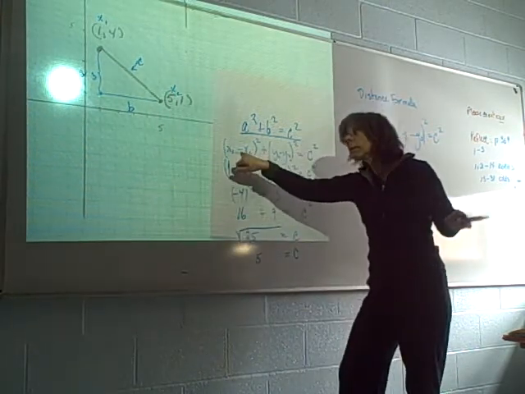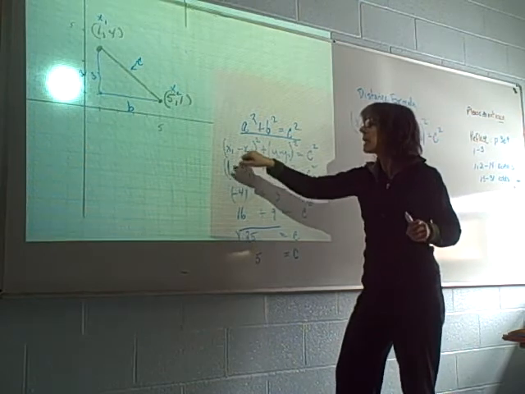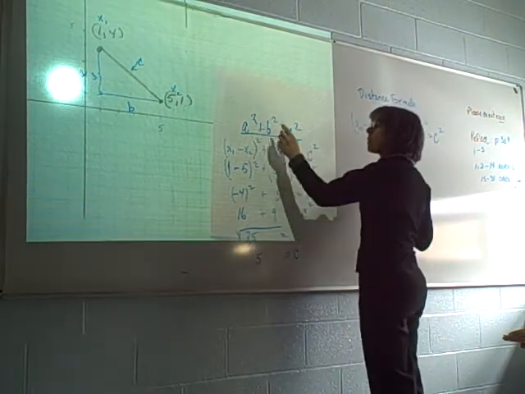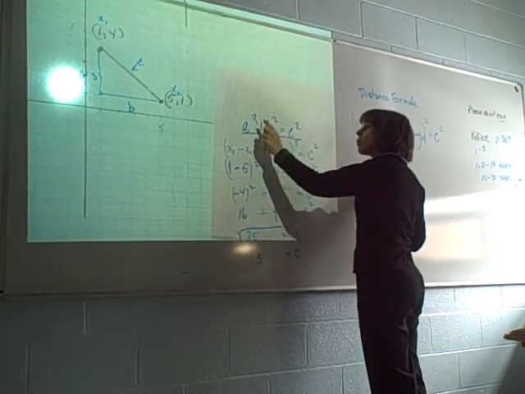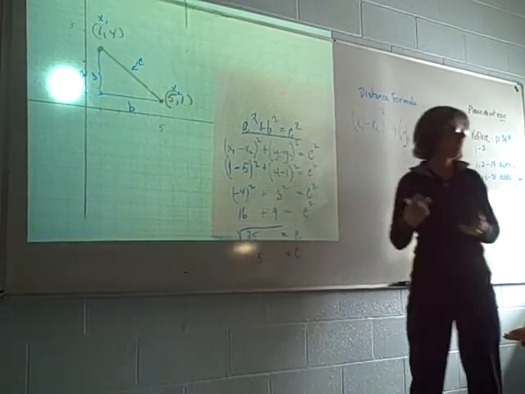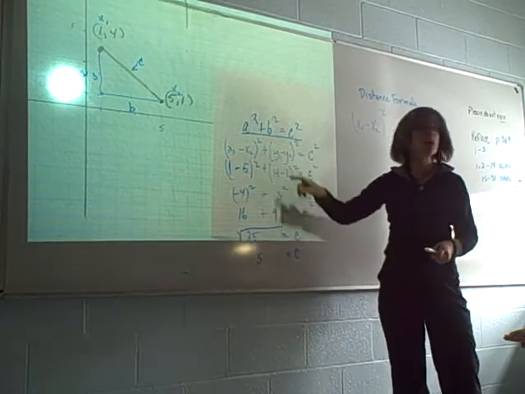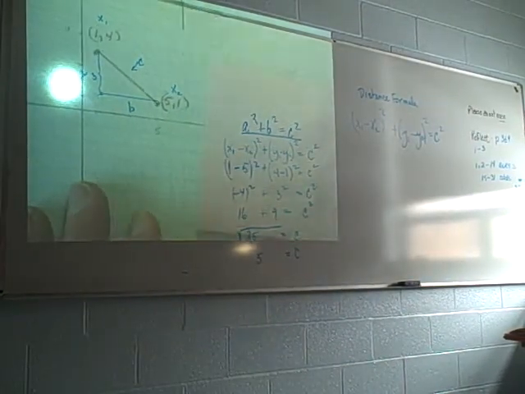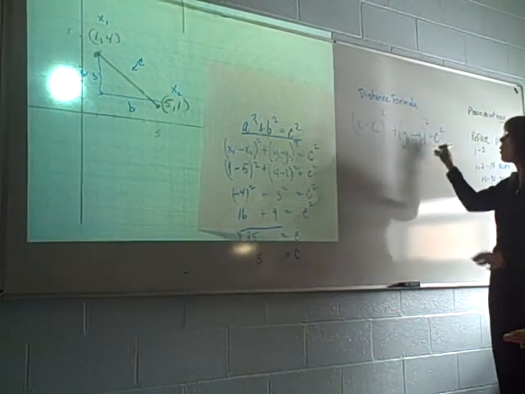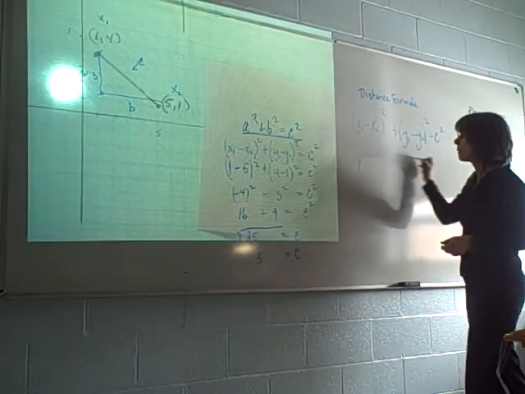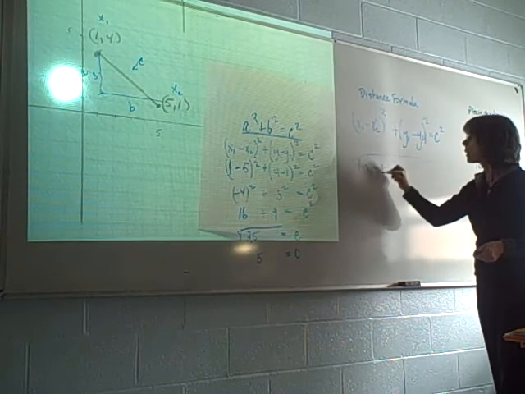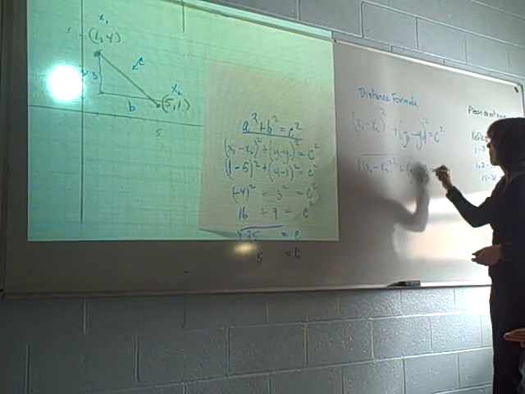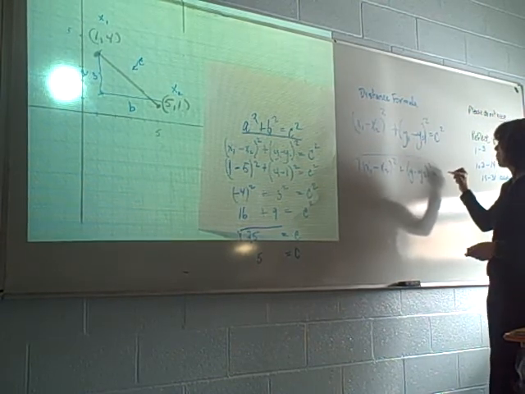And what makes this a little bit complicated is that you need to remember I'm taking the difference of the x's, taking the difference of the y's, but the Pythagorean theorem is this quantity and this quantity. So that's where the addition comes in. Okay? All right. And in this case, if I wanted c, I would then have to remember to take the square root of this quantity, and that would equal c.